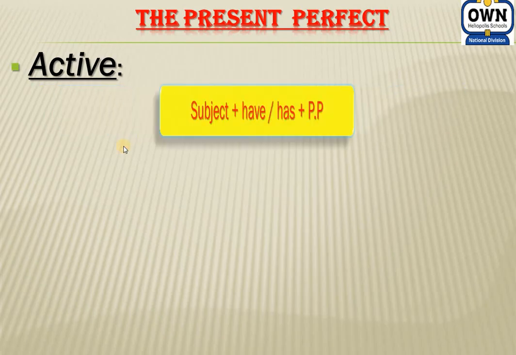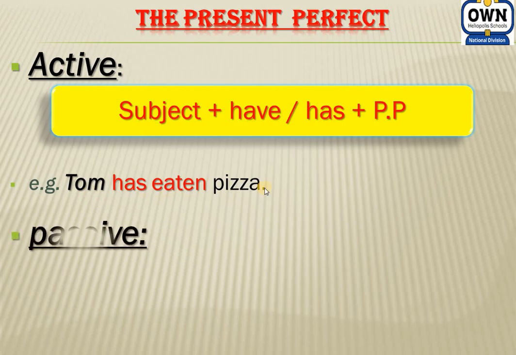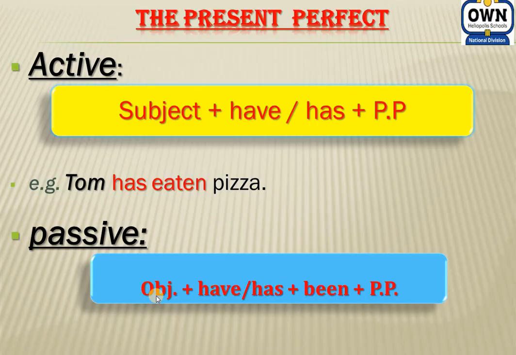Another tense, the present perfect. The form of the present perfect as an active sentence is like this: subject plus have or has plus past participle. Like this one, Tom has eaten pizza. Tom has eaten pizza is a present perfect. The rule of the passive in the present perfect is like this: object plus have or has, plus been, plus past participle.